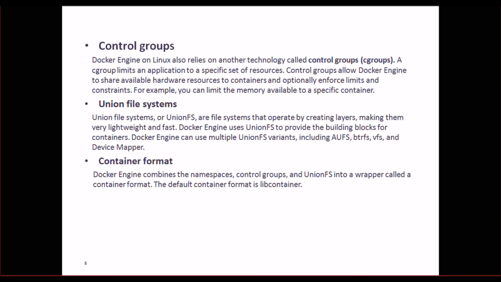The Docker engine uses union FS to provide the building blocks for the containers. The Docker engine can use multiple union file system variations, including AUFS, BTRFS, VFS, and device mapper. So the union file system is basically kind of a layer.